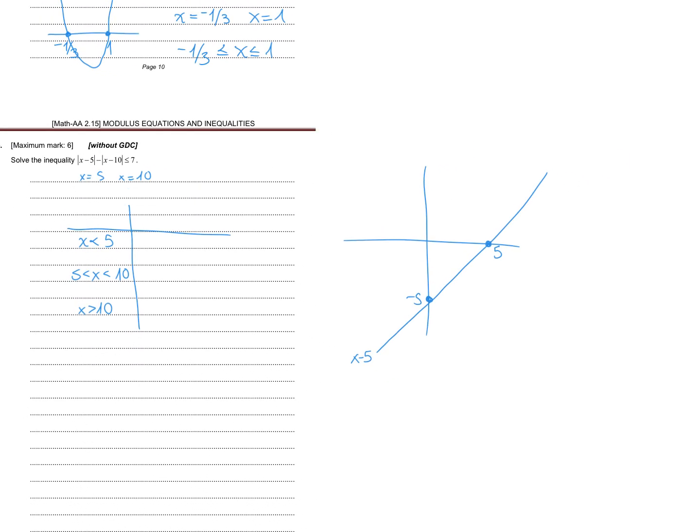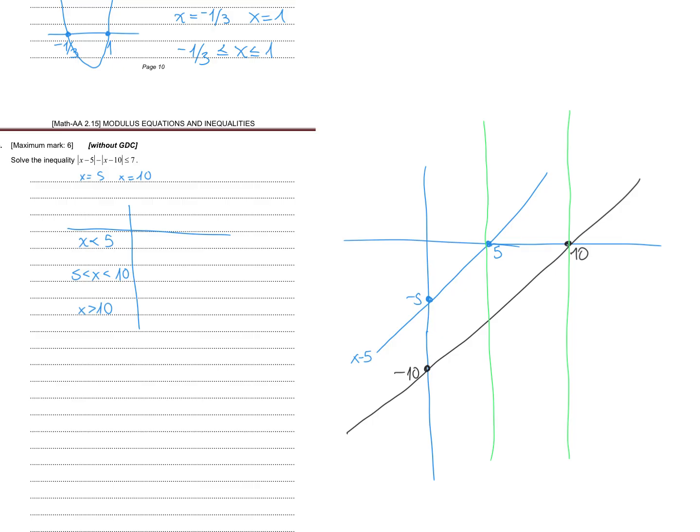And if we do the x minus 10, we have negative 10 and gradient 1. So it's like this. Okay, so our intervals are before 5, in between 5 and 10, and after 10.